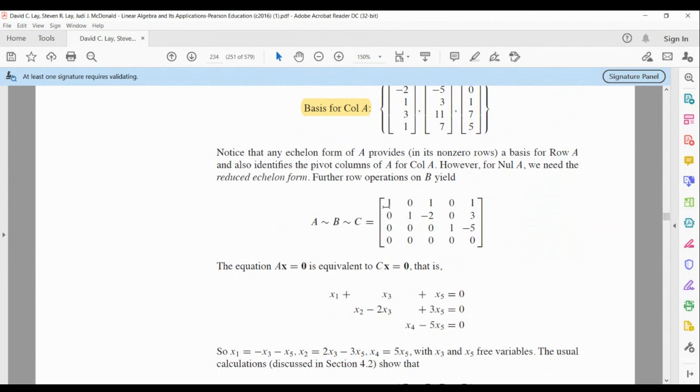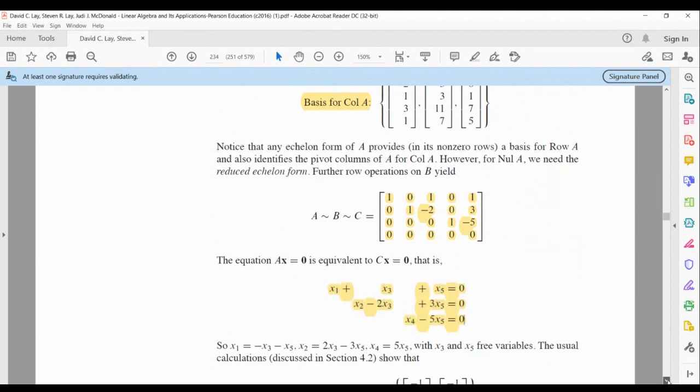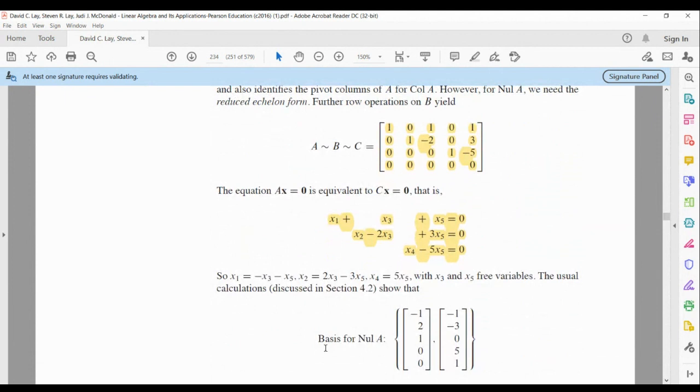What they do is reduce A all the way to reduced echelon form. Then you get the corresponding system of equations, and you can solve for the null space and get your basis. So you've done that before. I'm not too worried about that for you.